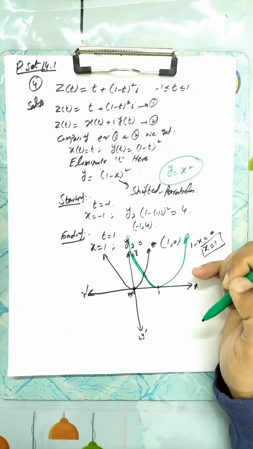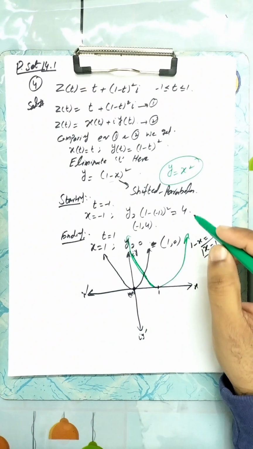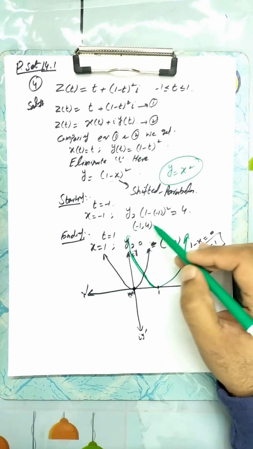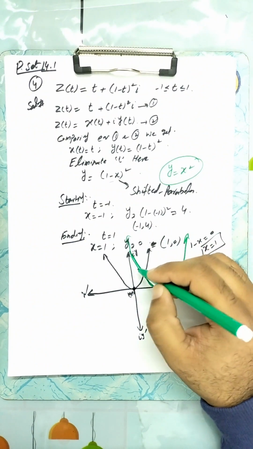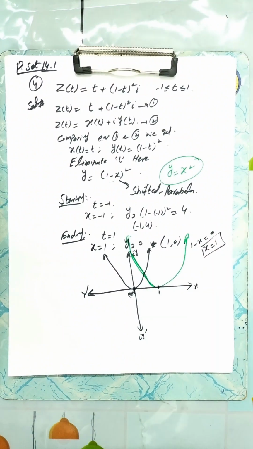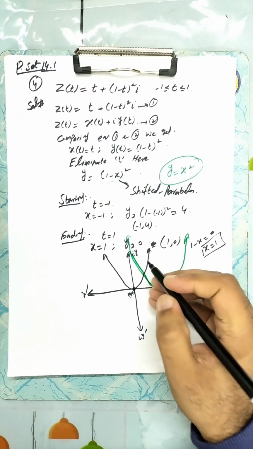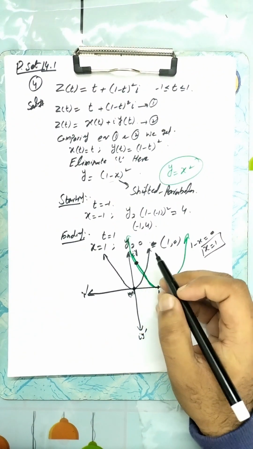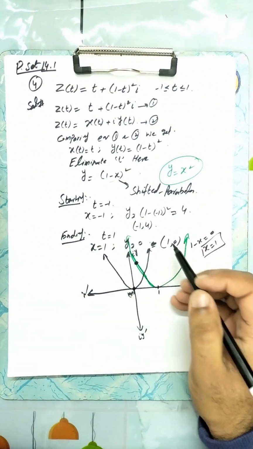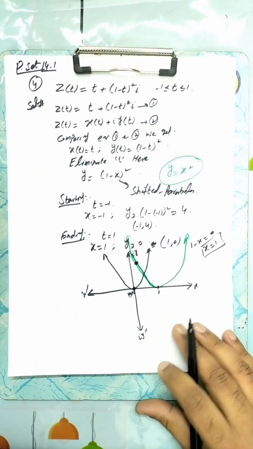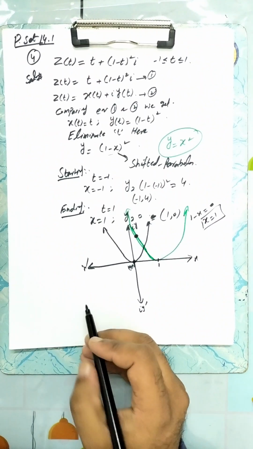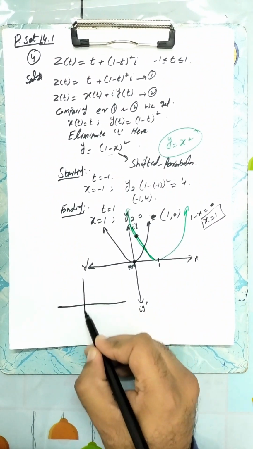This parabola is also in the second quadrant, because at x = -1, y = 4. So we put the point here. We just shift the axes and draw the new one.